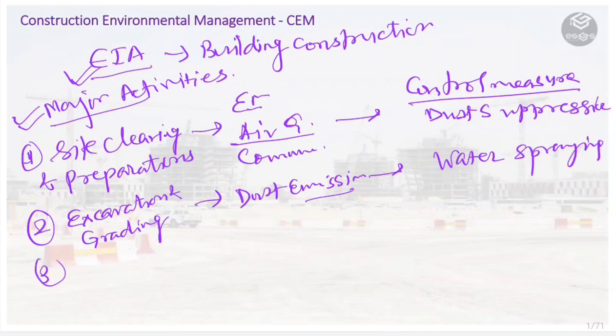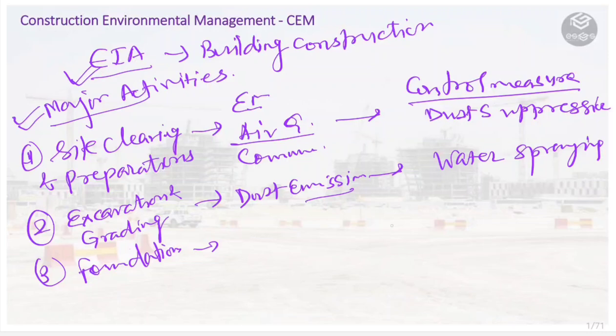Okay. Then the third activity comes: foundation works. In this, what can be the impact? We can talk about the noise and vibration which can disturb nearby residents and communities. We can say potential groundwater contamination from spills, which poses risks, and soil compaction may also affect local vegetation.